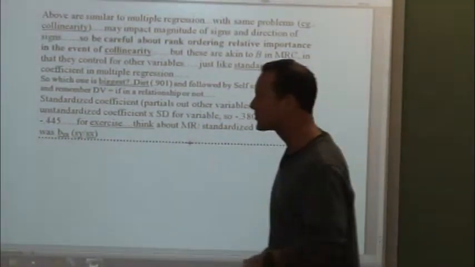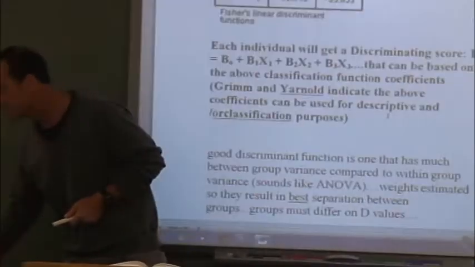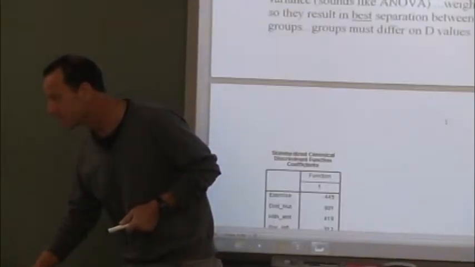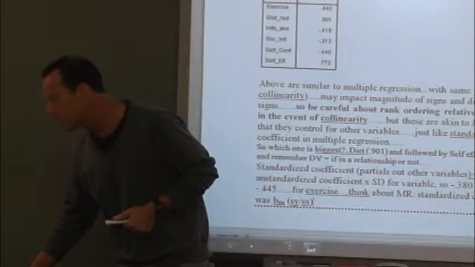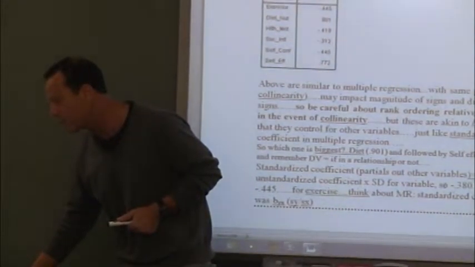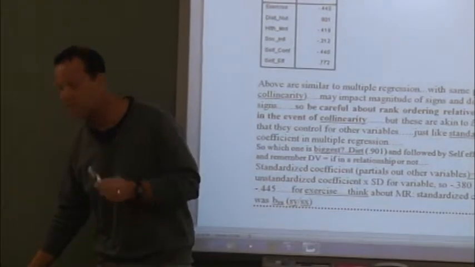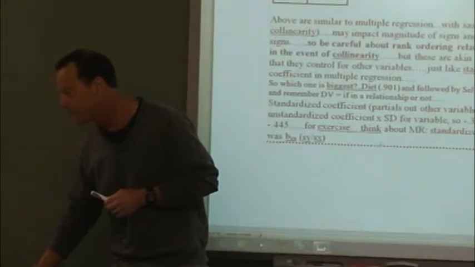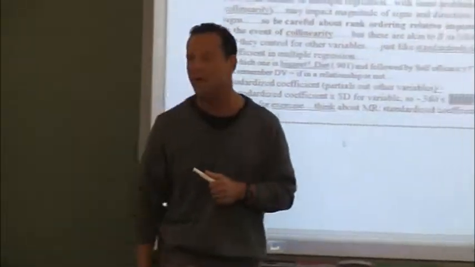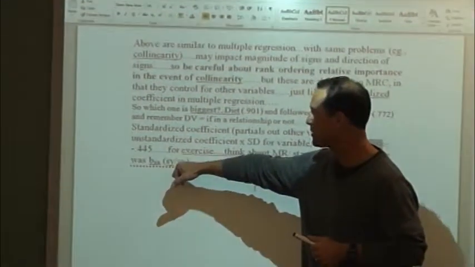So for instance, for exercise, we could take negative 0.138 times 1.169. Negative 0.138 is the unstandardized coefficient, 1.169 is the standard deviation for that variable, and there's a negative 0.445. So think about what the standardized coefficient was, everybody, for multiple regression. It was a function of the beta times the ratio of the standard deviation of y over x.